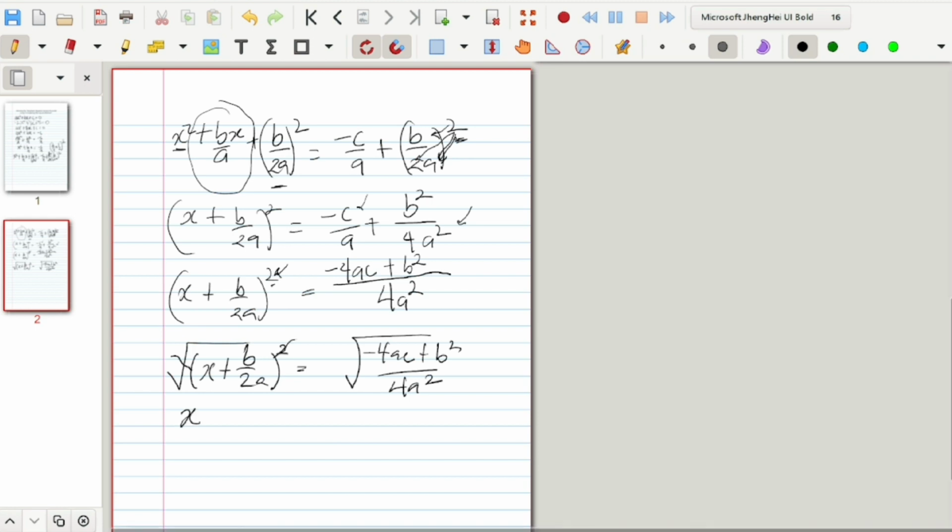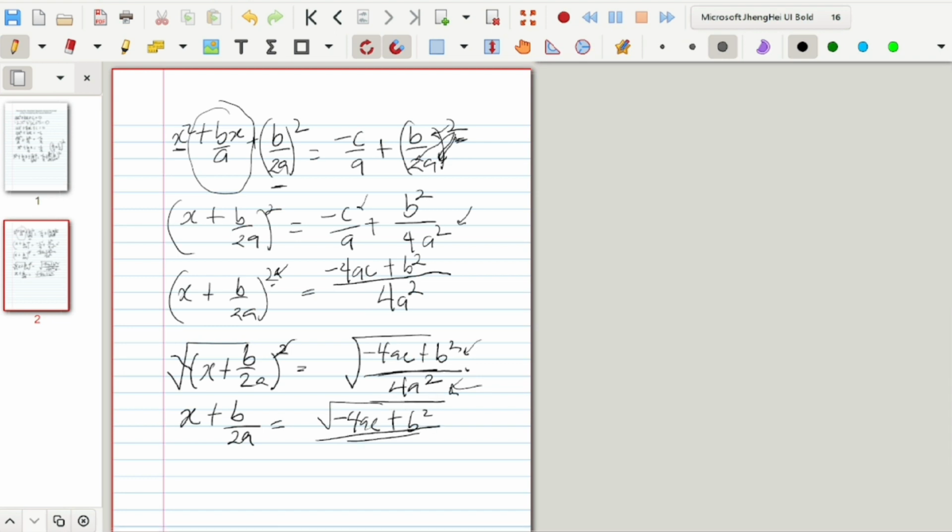You'll be left with x plus b over 2a equals, since this is a dividing line, we can give the numerator a separate square root and the denominator a separate square root. It's allowed when it's either dividing or multiplying, but you can't do it when it's adding or subtracting. So you have the square root of minus 4ac plus b squared over the square root of 4a squared.